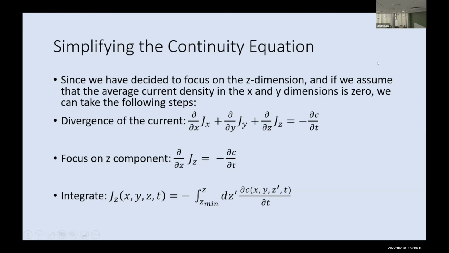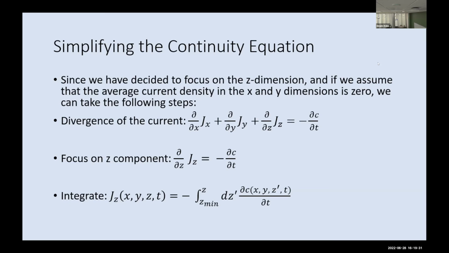I think in part we're focusing on the distribution with respect to the Z-axis. While we're mainly interested in Z, otherwise I'm not completely sure why the assumption is made that you can just average the current density in the X and Y direction.